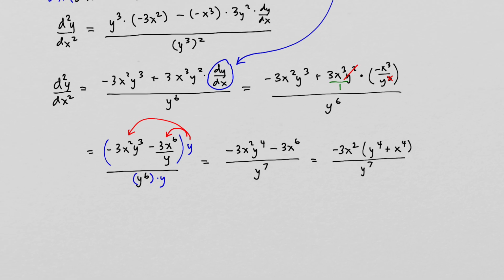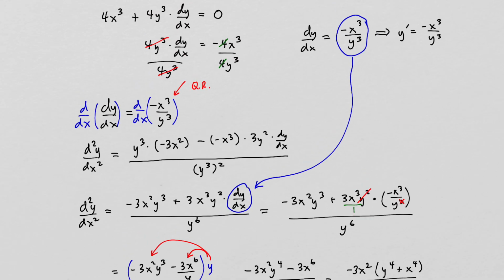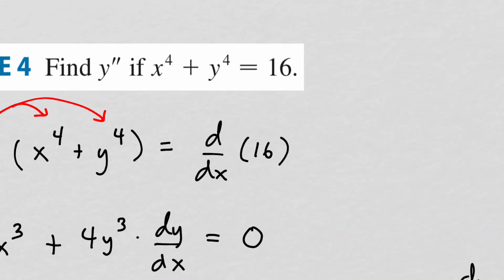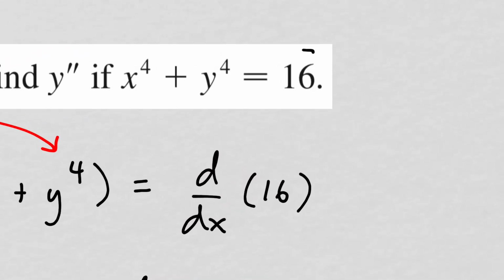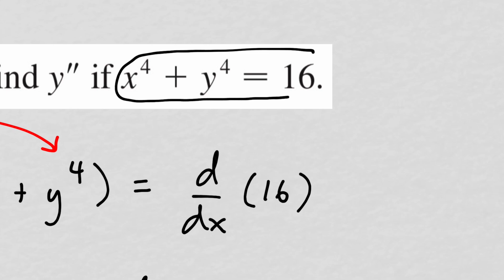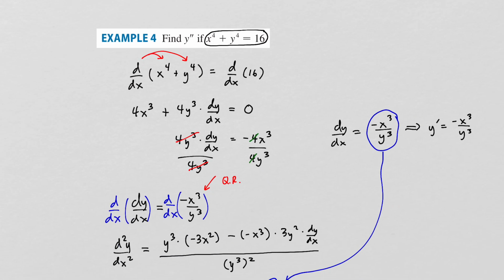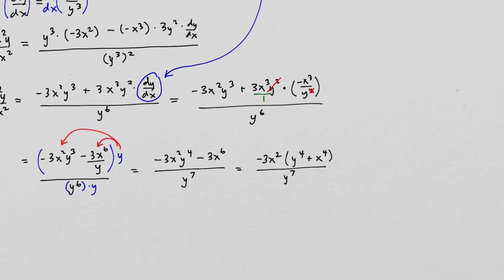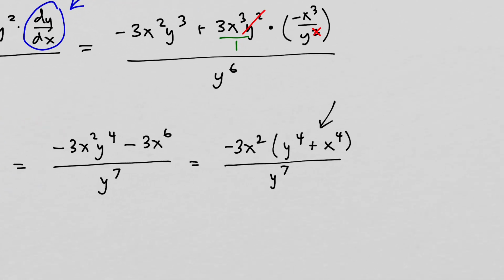And this looks like a really good answer. However, remember in the very beginning, your original equation was x to the fourth plus y to the fourth is equal to 16. And in the end, notice that you have x to the fourth plus y to the fourth.